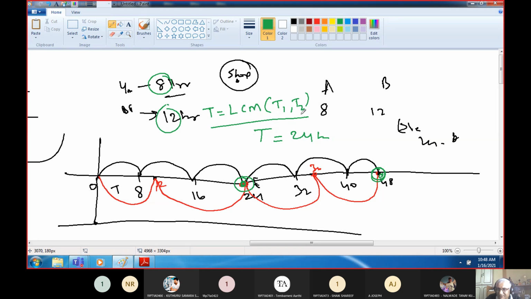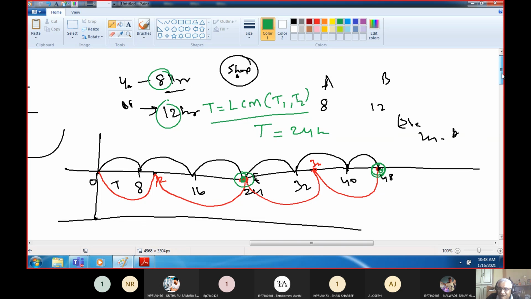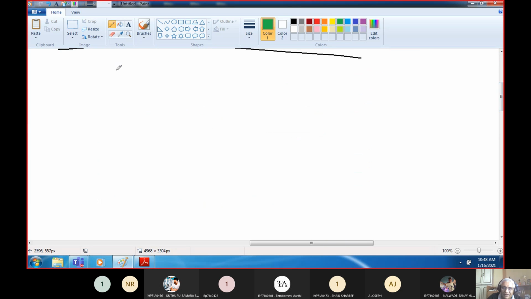Why is this important? This is important because if I give you another problem where I say f of t is equal to a set of sine waves which have individual time periods, like T1 is 2, T2 is 3, T3 is 4, T4 is 5.